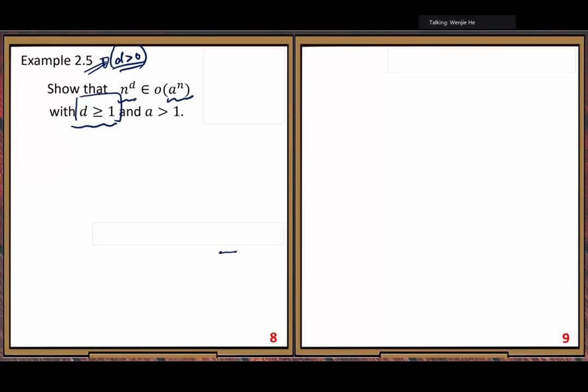I'd like you to recall a little bit: when we solve a relatively hard problem, what is some special strategy that we can apply in this situation?